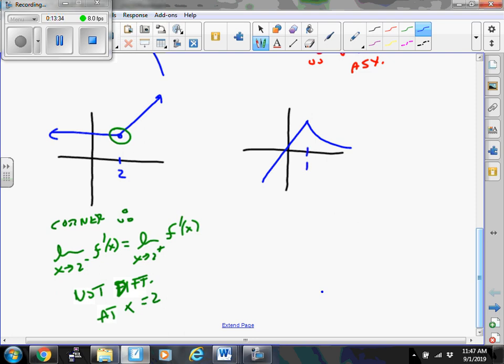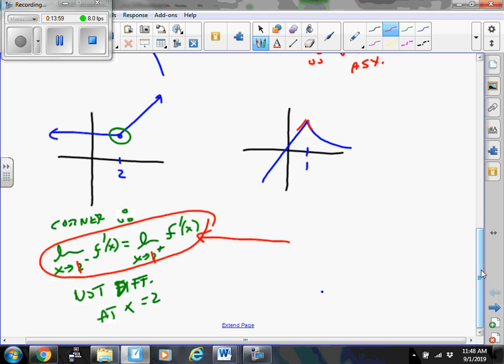There's 1. So this one is not differentiable. And if you're going to justify it, this is always the means. The words don't necessarily mean much, but I would say at 1, not differentiable. Why? Because the slope on each side is different. Hence, you would say not differentiable at x equals 1.